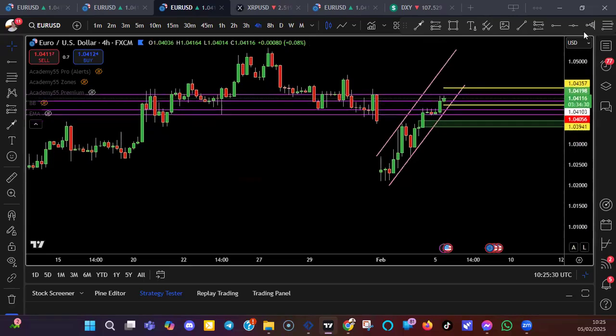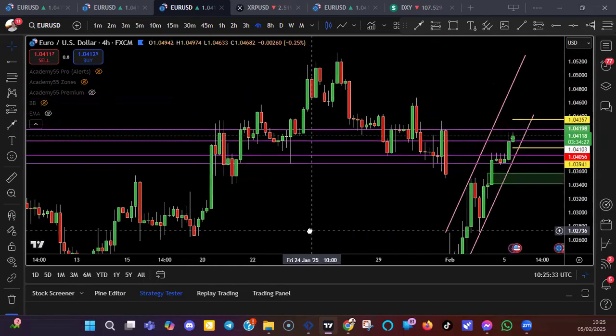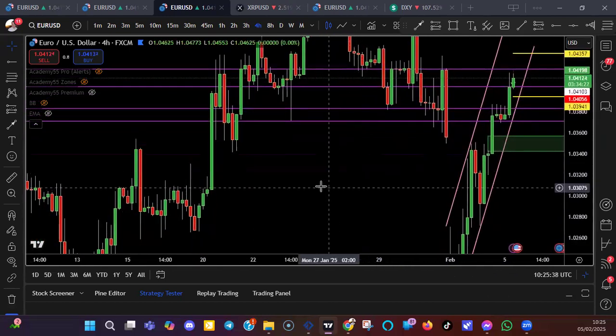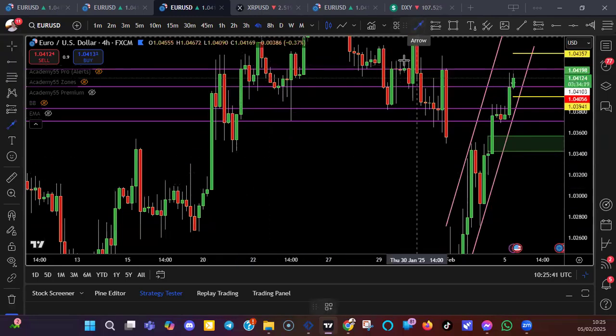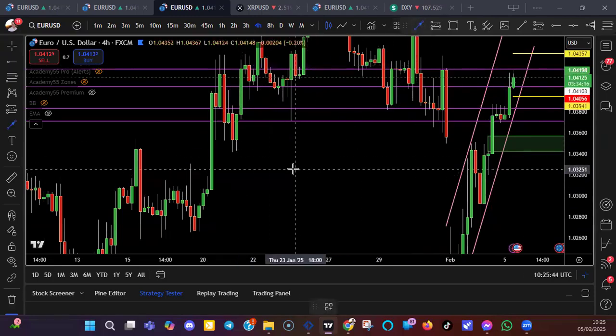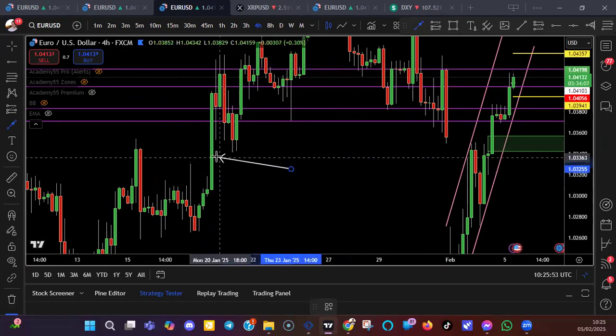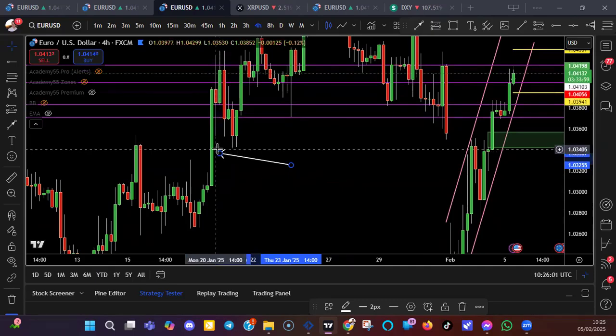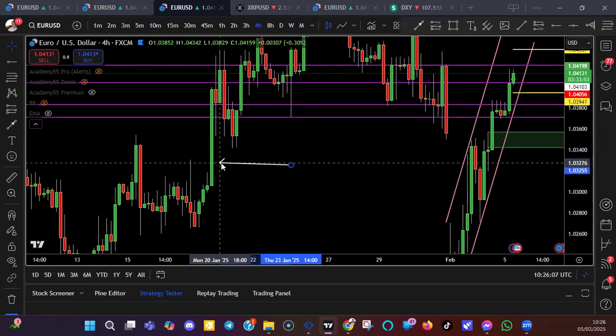Right, here's a good example. We're on the 4 hour. All candles work differently on different time frames. What did I just say? No, that's completely wrong. All candles work the same on all time frames, it's just you get more confirmation the higher the time frame.